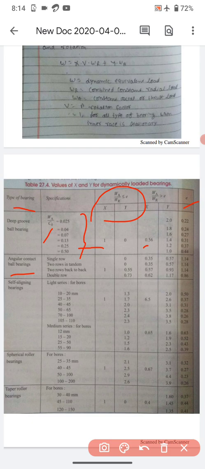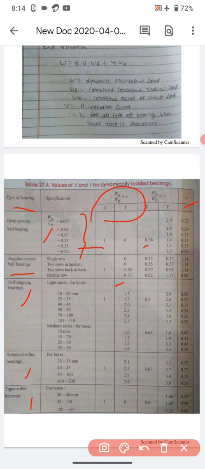X will be 1 for WA upon WR less than E, and 0, 0.55, 0.73 for the value of Y, and so on for the self-aligning bearing, the spherical roller bearing, and the taper roller bearing.